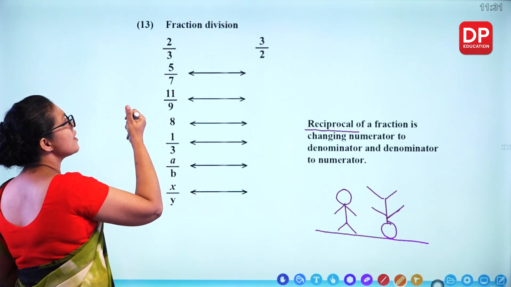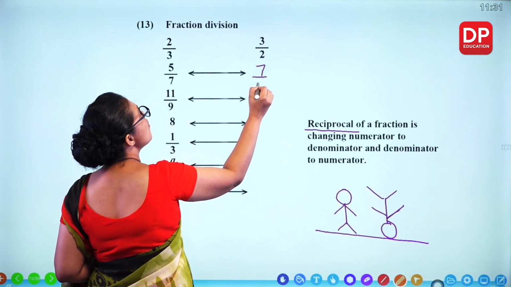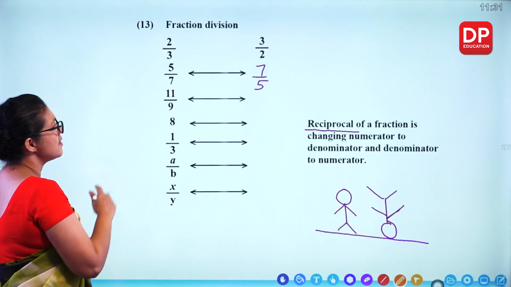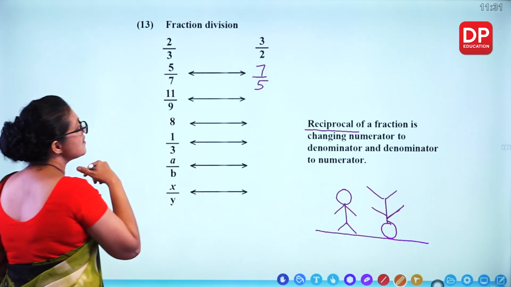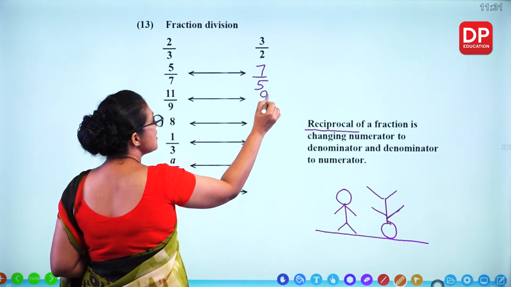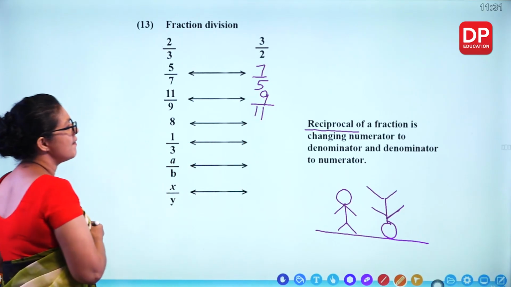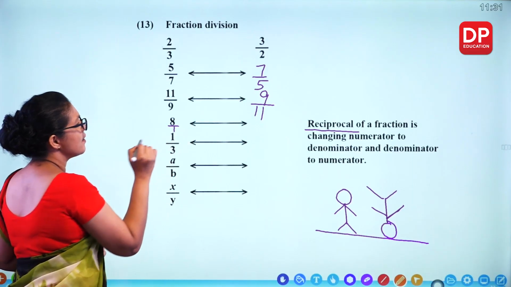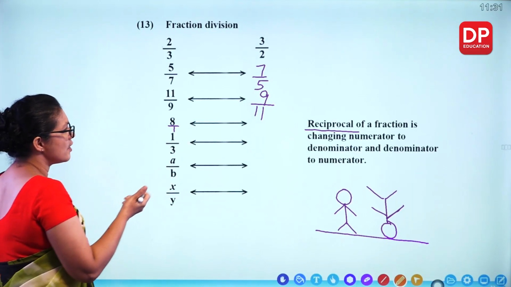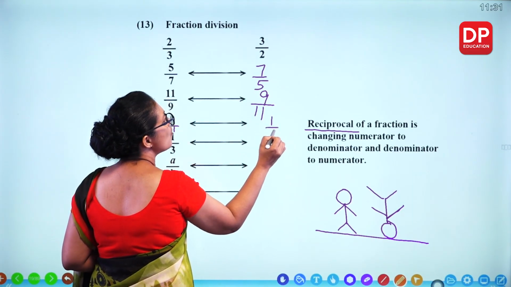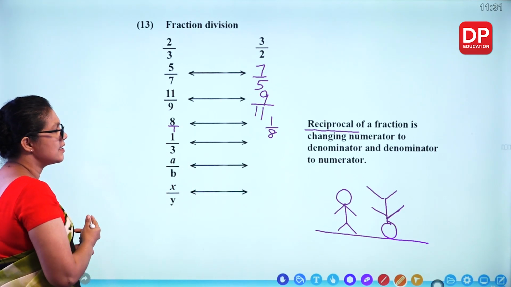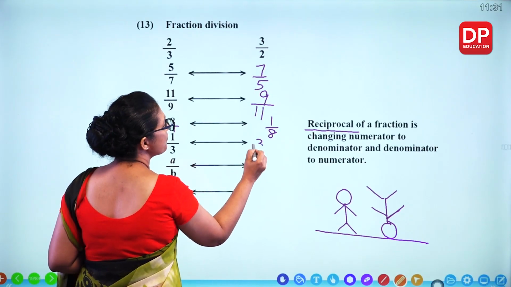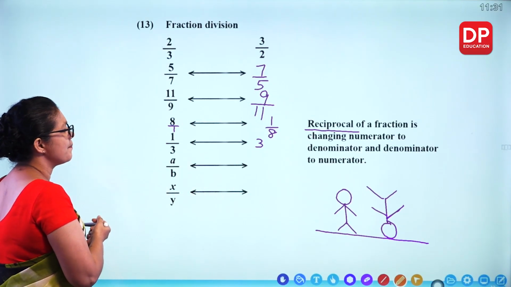What's the reciprocal of that? 7 over 5. 11 over 9, when you convert to its reciprocal, becomes 9 over 11. 8 is like 8 over 1. So what is the reciprocal of 8? 1 over 8. 1/3, upside down, is 3 over 1, or you can write 3.